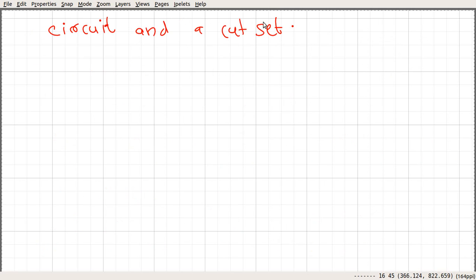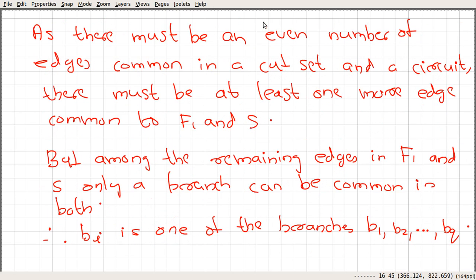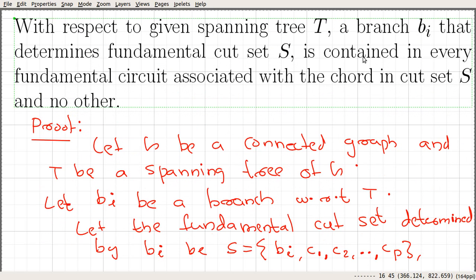So we are able to prove two things. BI is contained in every fundamental circuit associated with the chords in the cut set, and BI is not going to be contained in any other fundamental circuit, other than those determined by the chords in the fundamental cut set S.